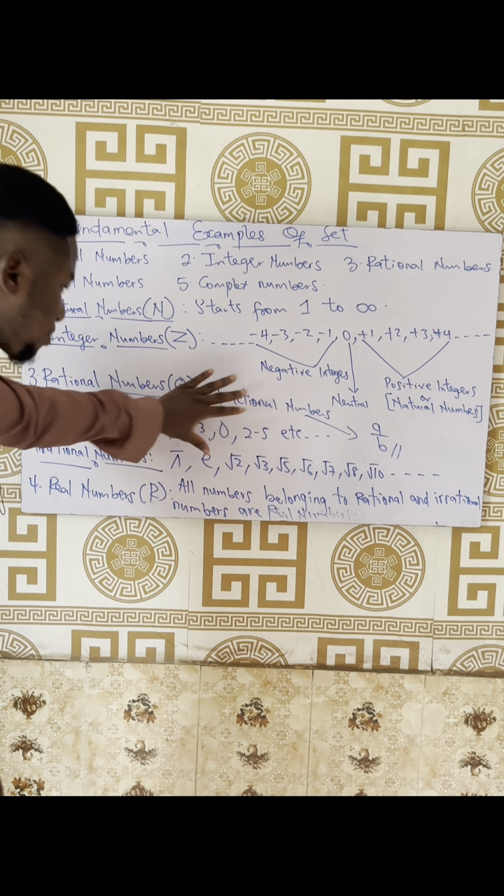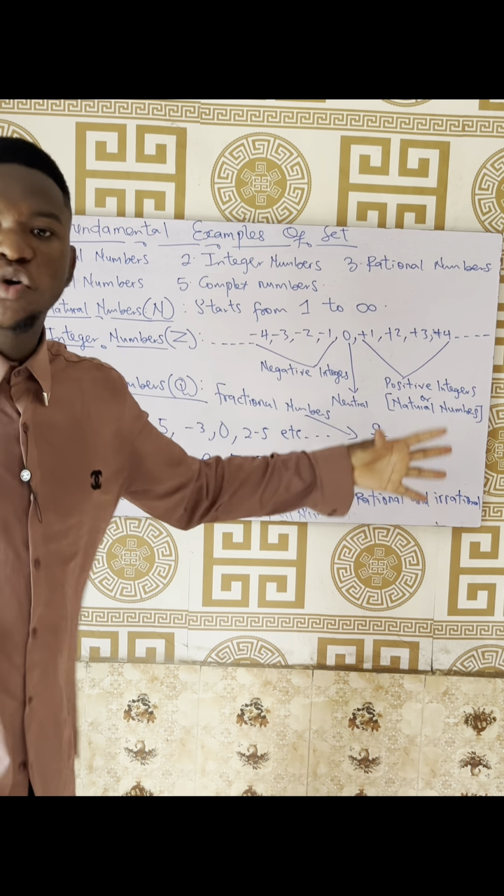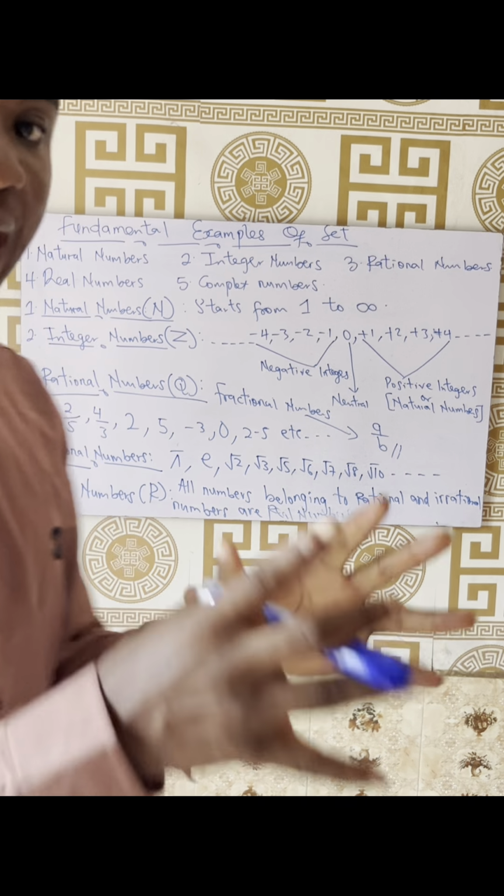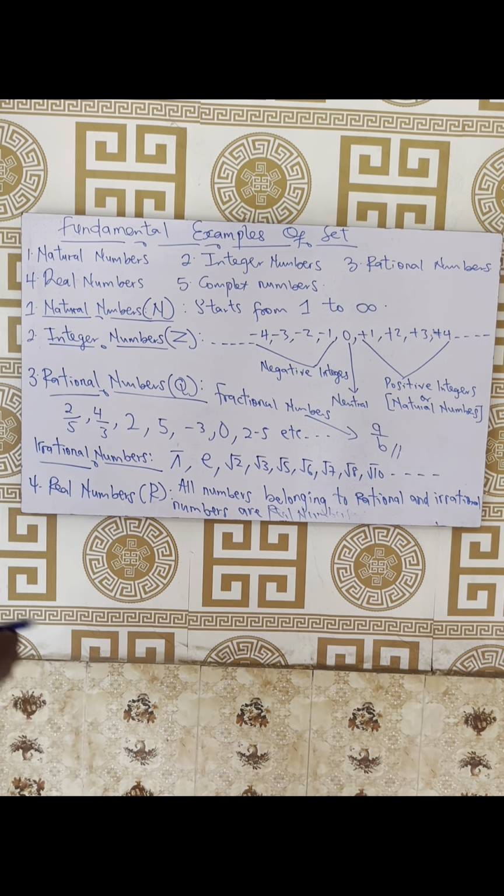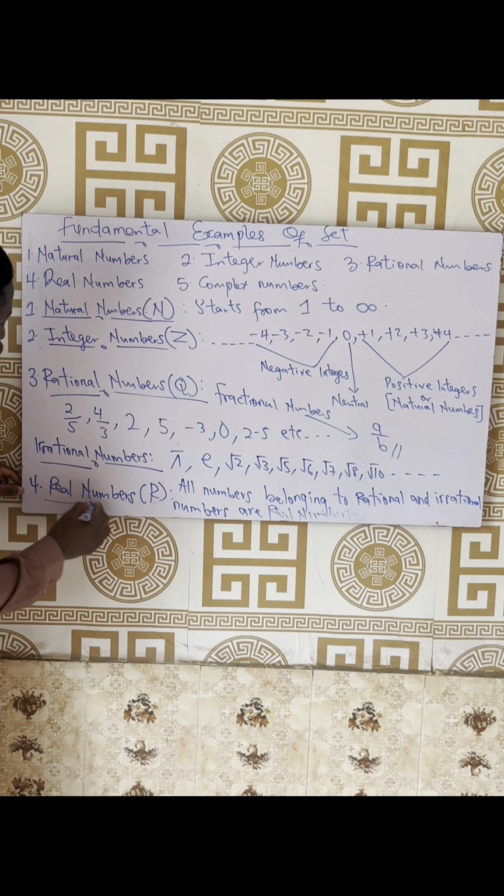This simply means that all the examples under rational numbers and irrational numbers, if you combine them together, can also be referred to as real numbers.